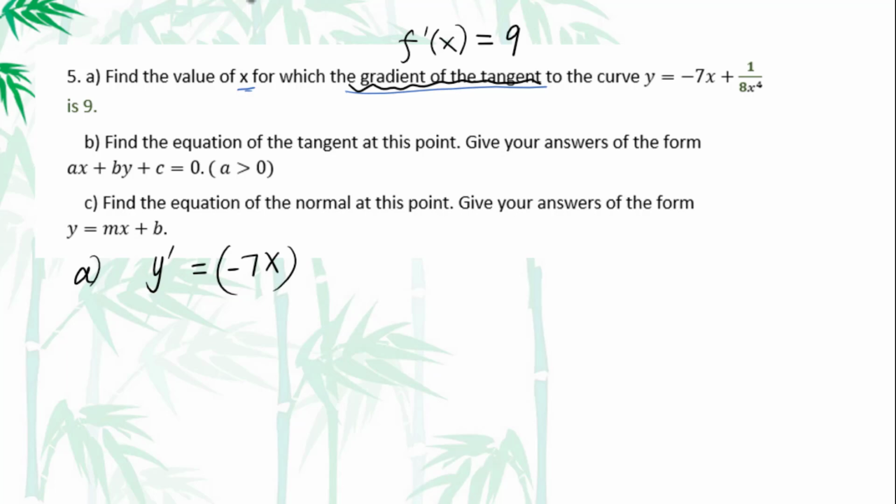So first of all, we need to figure out y prime equals -7x prime plus. We will change this into single power, 1/8 x to the -4th power, then prime.